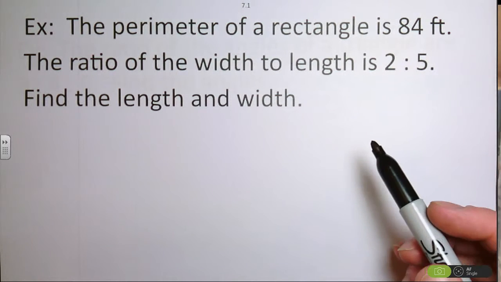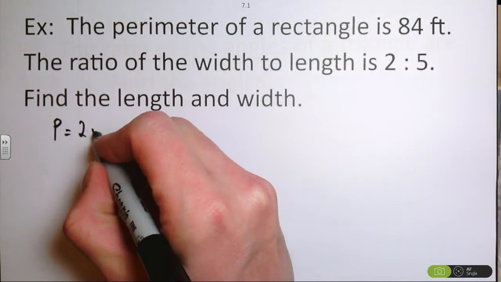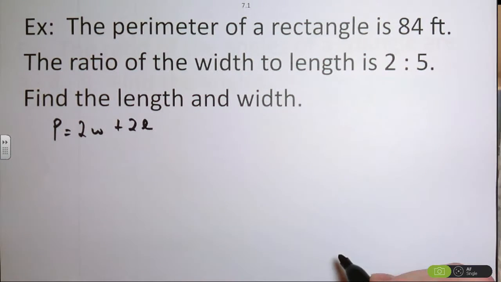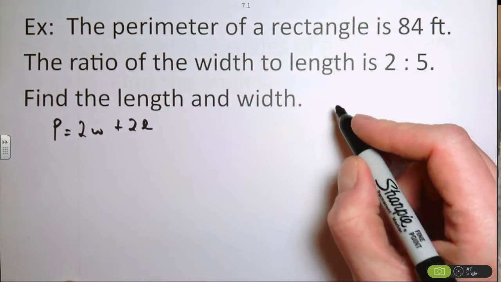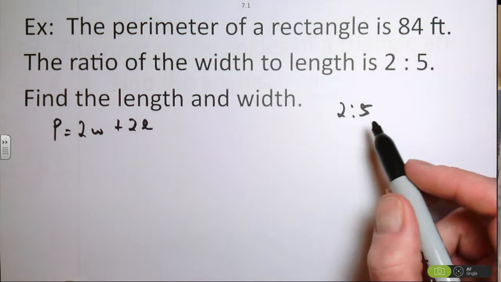Okay. Now the first thing you really have to know about this problem is that perimeter is 2 widths plus 2 lengths. And the ratio for width to length is 2 to 5, which there's some unknown number.